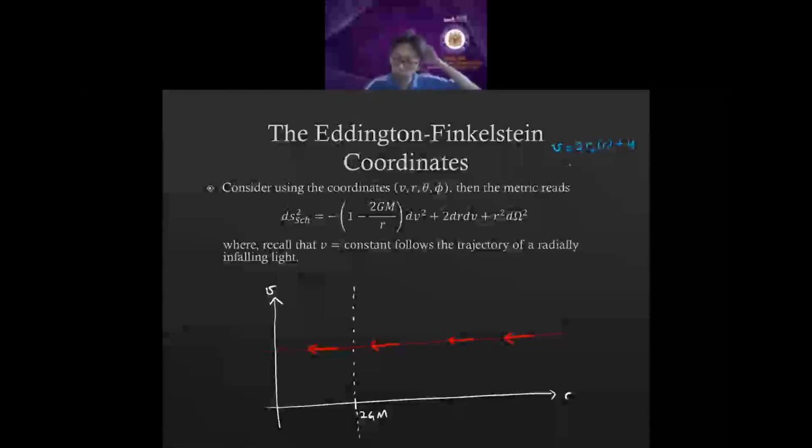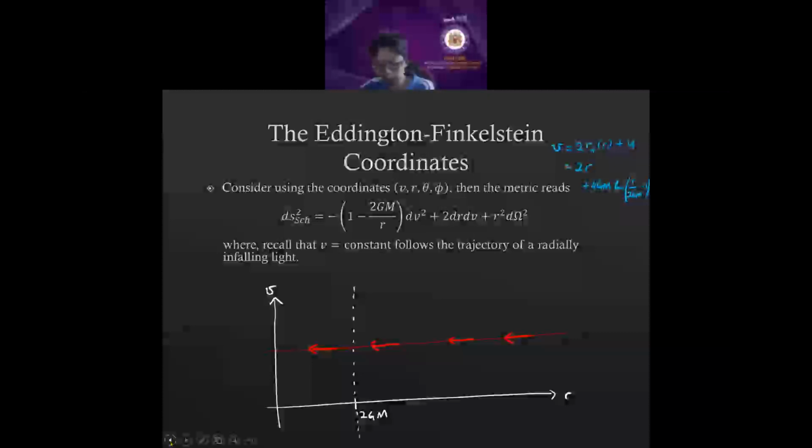So from here I can get that this is equal to 2r plus 4GM log of (r over 2GM minus 1).